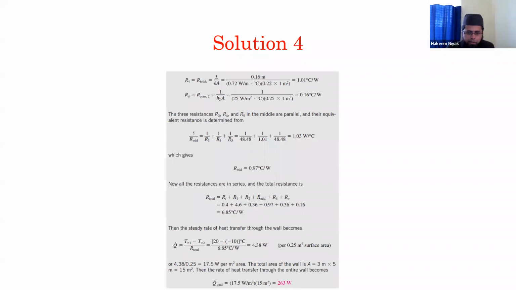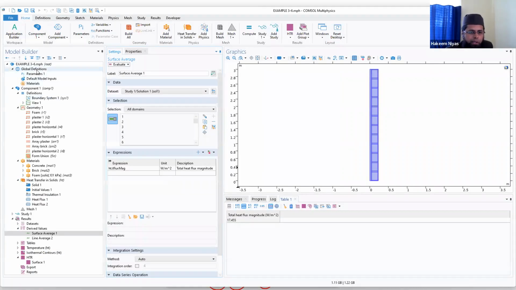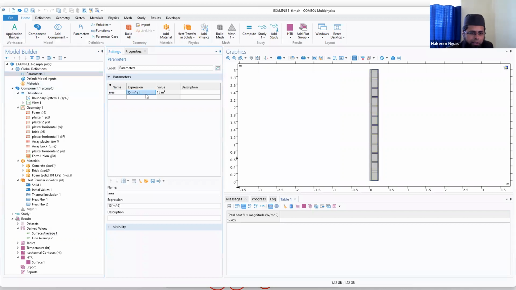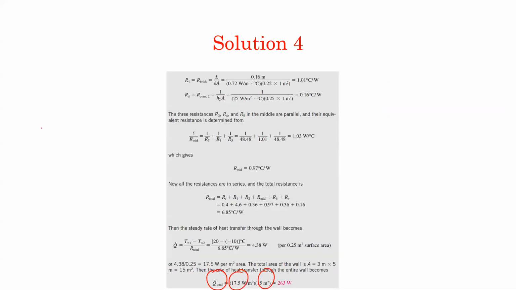Yeah, correct. 263 watts, how are we calculating? Q equals flux into area. Let me tell you, in the parameters I have directly given the area, because in the model I have not considered the width, I have just taken this part.